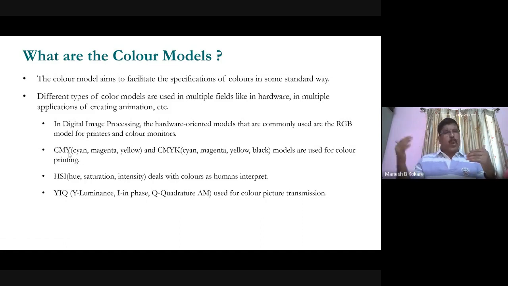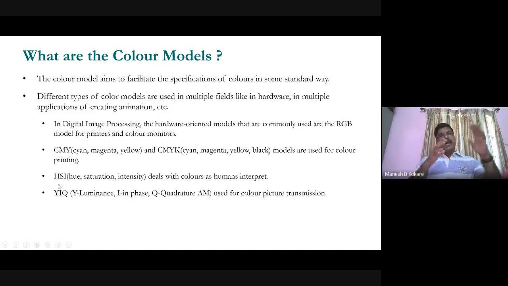And in printing quality, you want a perfect black. So there is a separate toner, the K component, which is the black component. So in the color printer there are 4 toners: cyan, magenta, and yellow, which form the different color shades, and black for printing the blacks. So CMY is used for printers, whereas RGB is used for display or in monitors.